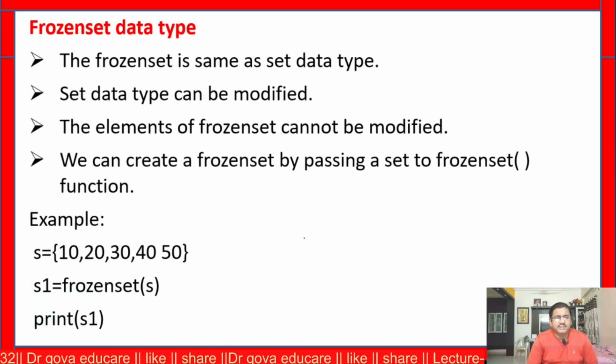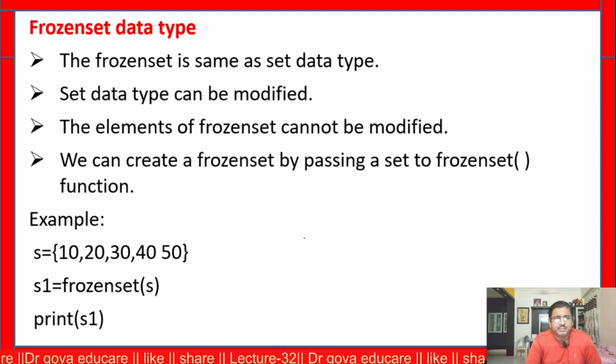Next, the frozenset data type. The frozenset is the same as the set data type. The difference is that set is a mutable object, and frozenset is an immutable object. Immutable means cannot be modified; mutable means can be modified. We can create a frozenset by passing a set into the built-in function frozenset.